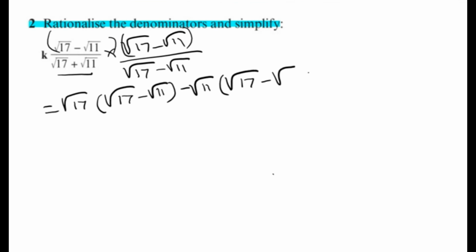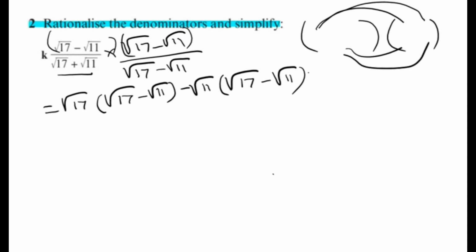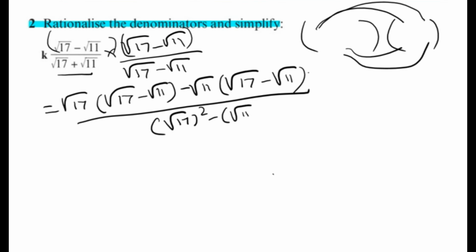Root 17 multiplies with this bracket, root 17 minus root 11. Minus root 11 multiplies with root 17 minus root 11. You can use this method, multiply by this, by this, and by this, and you can do it this way as well. In the bottom, we have to use the difference of squares, so root 17 squared minus root 11 squared.